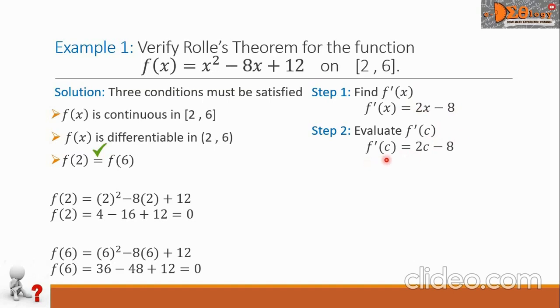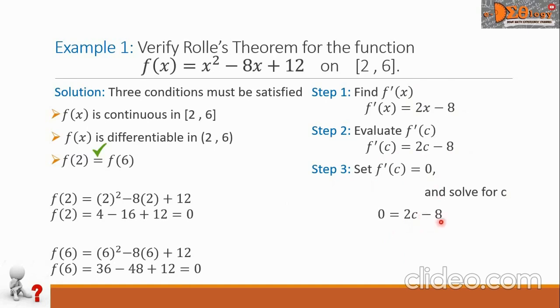So f prime of C equals 2c minus 8. Step 3, we set f prime of C equals 0. Then solve for C. So we have now 0 equals 2c minus 8.